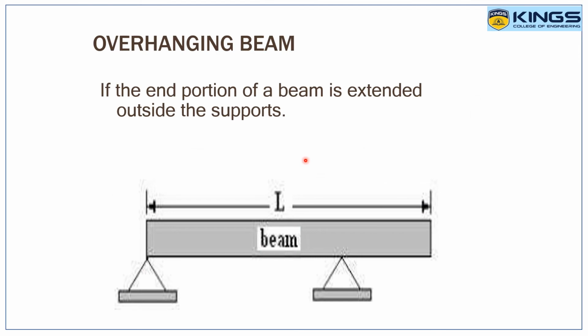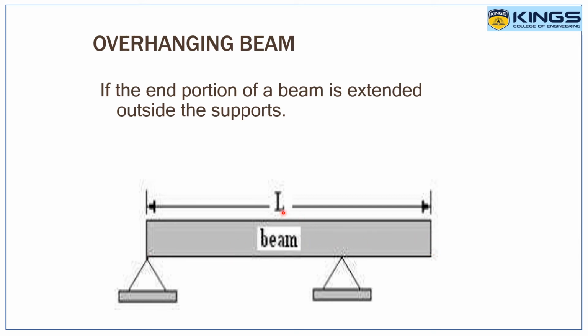And then the overhanging beam. If the end portion of the beam is extended outside the supports. As we can see in this image, beyond the support the beam extends outward.